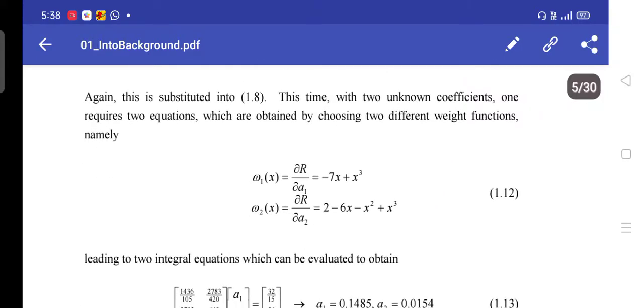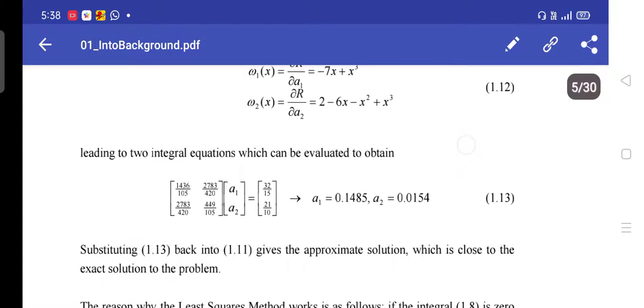Omega 1 of x is equal to ∂r/∂a1, which is equal to minus 7x plus x³. Omega 2 of x is equal to ∂r/∂a2, which is equal to 2 minus 6x minus x² plus x³, leading to two integral equations which can be evaluated to obtain 1436/105, 2783/420, 2783/420, 449/105.